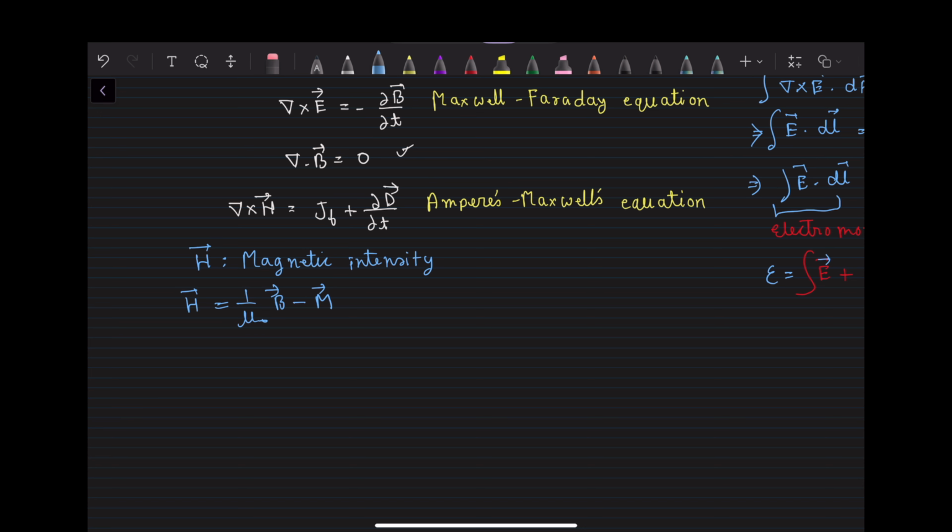In our current study, we are not discussing any electric field in a magnetic material, so we'll assume M is 0, for non-magnetic.